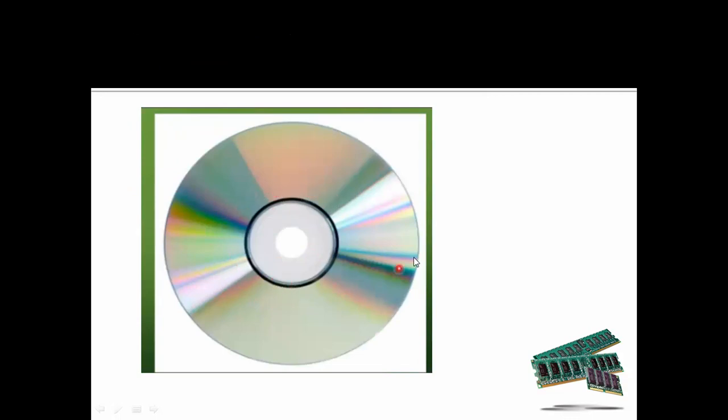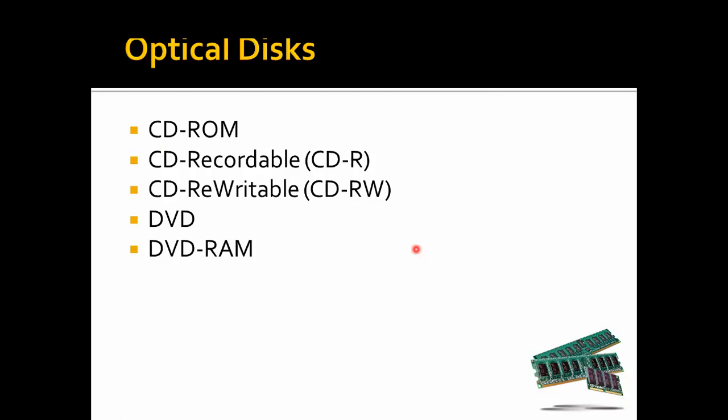Suppose if there is a movie, then that movie name and the movie actors will be displayed on the other side. That is the label. Suppose that CD is related to some software, then we are writing some name on the label side.